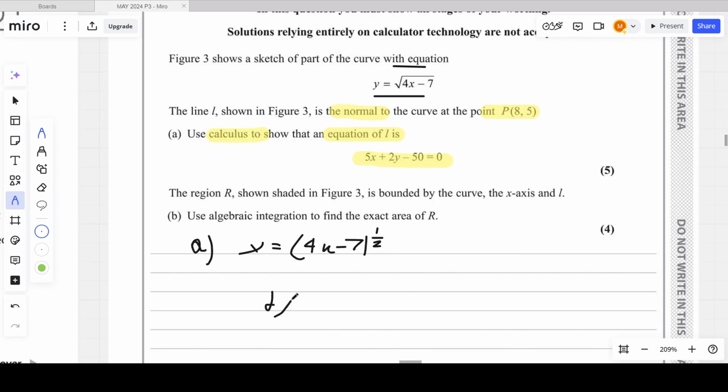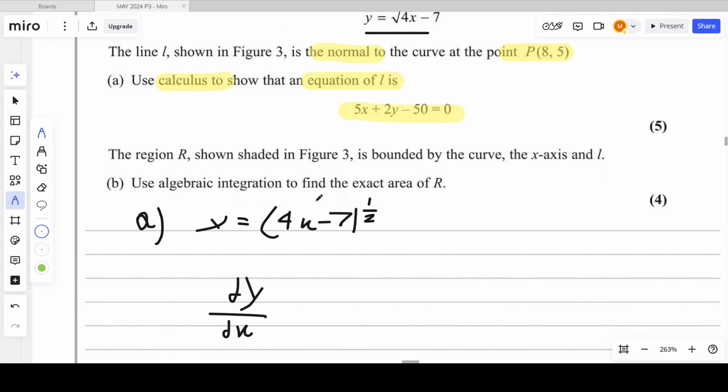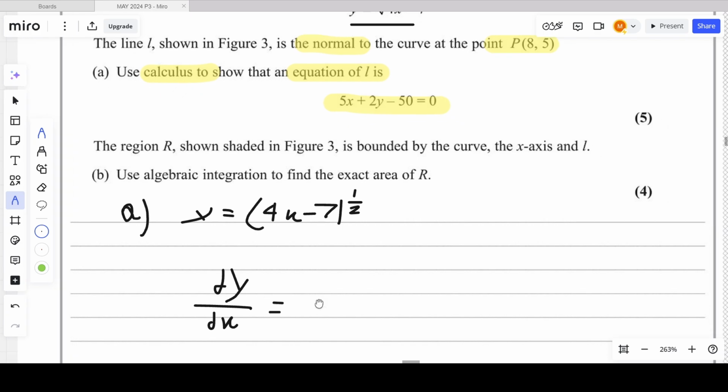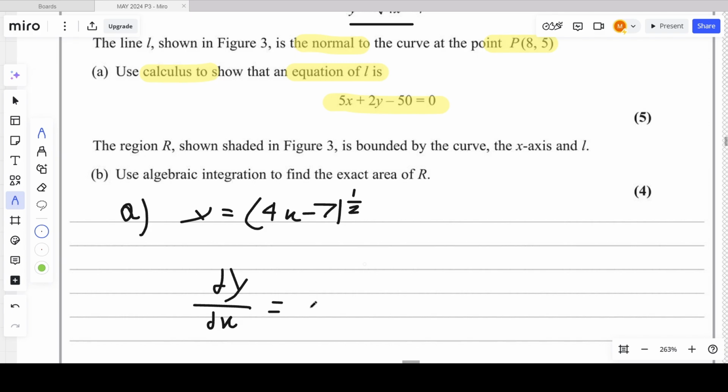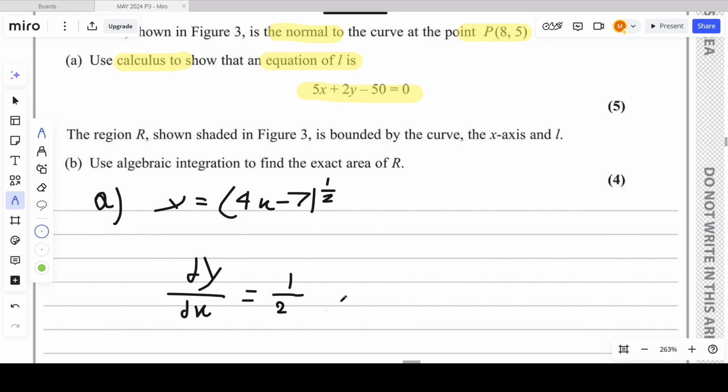So to find dy over dx, we need to differentiate using which rule? The equation of the curve is a composite function, so we use the chain rule. Take the power to the front and subtract 1 from the power: half minus 1 is negative half.